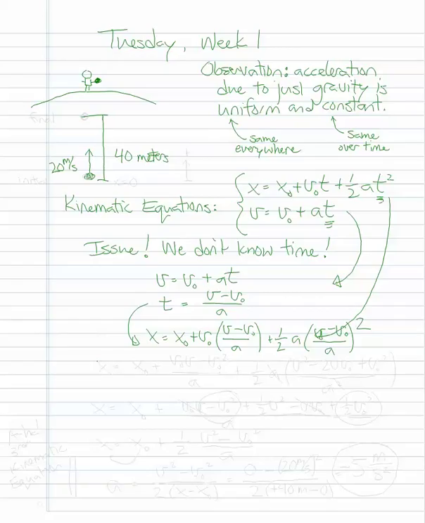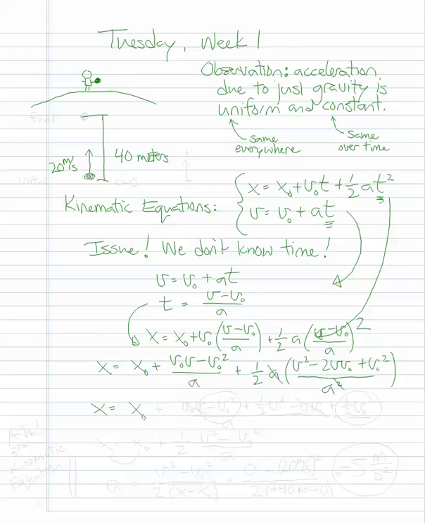And now I do some algebra. x is x naught plus v naught times v minus v naught over a, plus 1/2 a times v squared minus 2v v naught plus v naught squared all over a squared. And one of the a's cancels. So let's see, what am I left with now? I'm going to put everything under a, I guess.